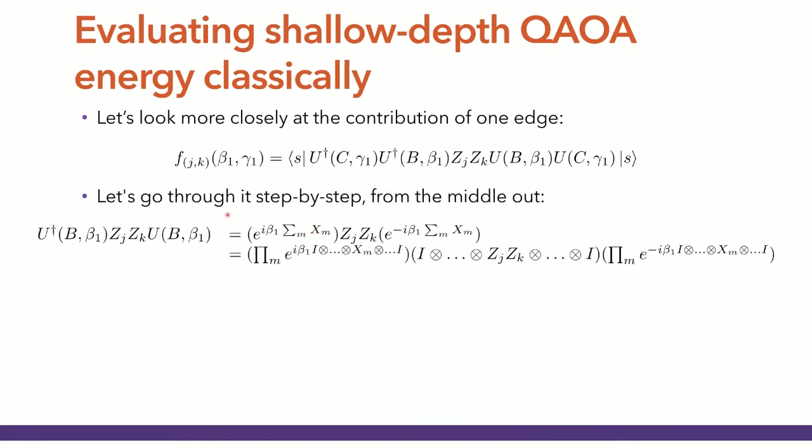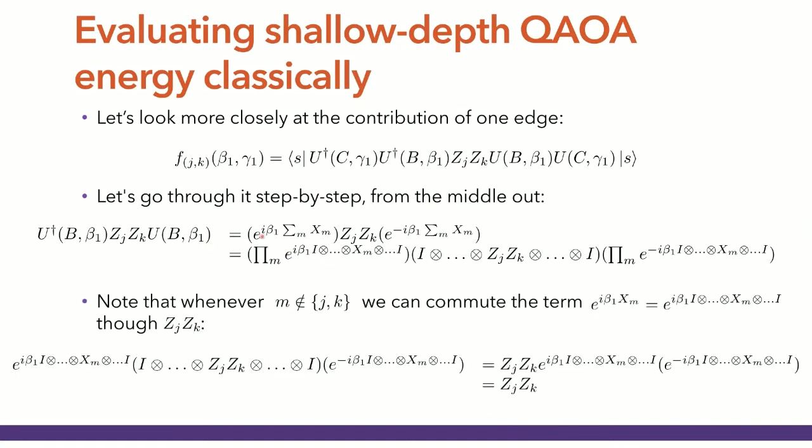And if you go through it, middle out, you can start by noticing that UB, which is a product of exponents of i beta and then single qubit X_m, will commute through the ZZ term and cancel with itself on the right whenever the qubit the X is acting on is not one of these qubits.